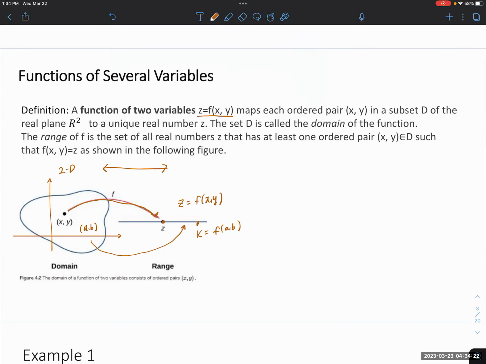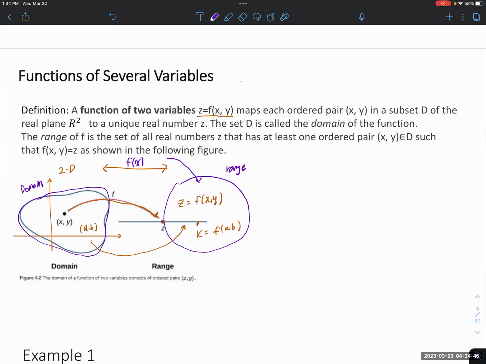Whatever the information on the left side, we collect. This is the domain of the function. And then you correspond this domain through the function and you get the outcome, and this is going to be your range. So it's a little bit of an abstract concept, but it's just simple.